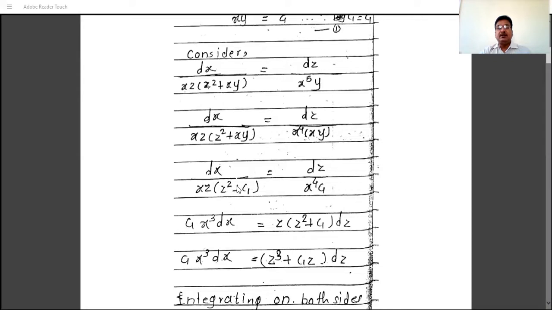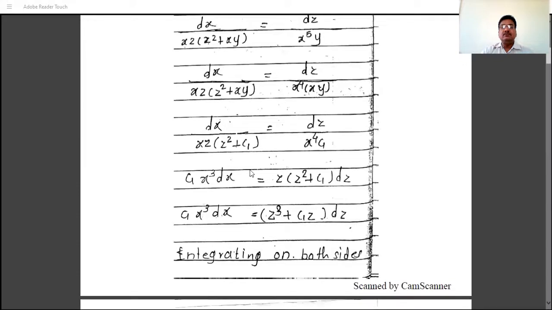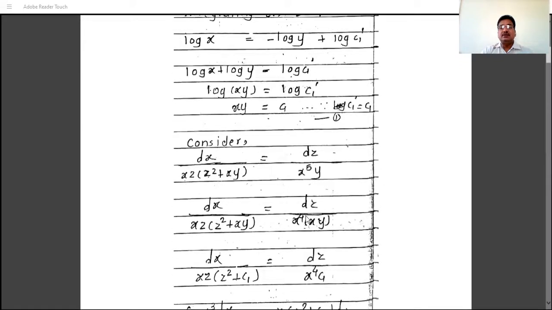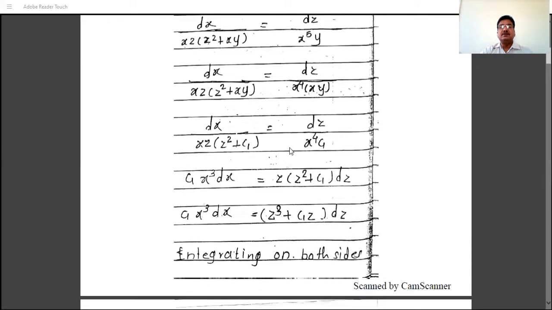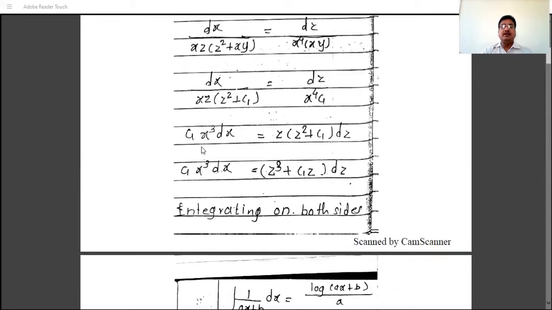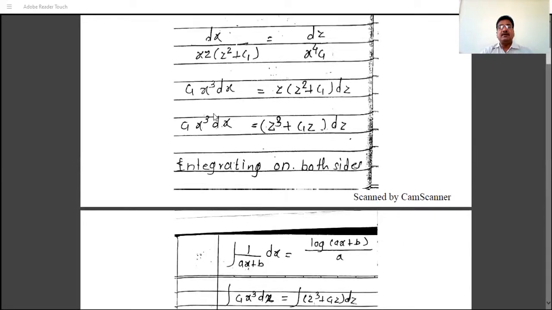So there are only two variables x and z in this differential equation. So cancel the third variable y by using the first solution. That is, substitute x into y as c1, and then separate the variables and integrate. So this is in variable separable form.